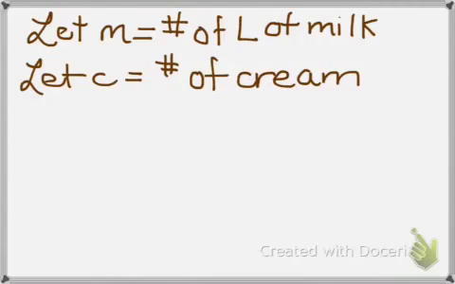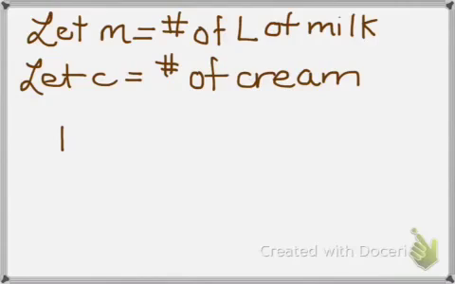Okay? So as in any question where we're trying to find the point of intersection or solve what the values of our variables are, we're going to create two equations. So in the question, it's saying how much 3% milk needs to be mixed with how much 15% cream to give 20 liters of 6% cream. So for our first equation, we're just going to simply state the amount of liters.